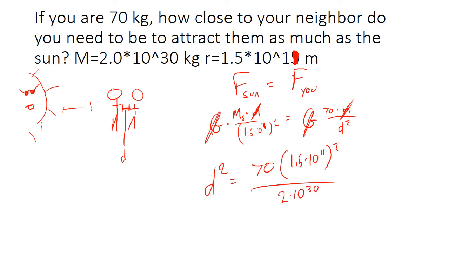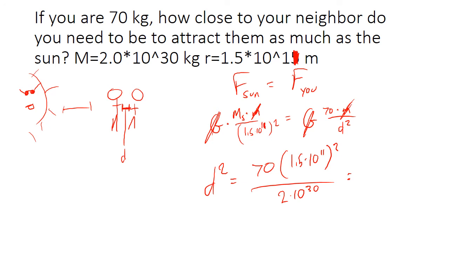I think that's all the numbers. Cool, so calculator time: 70 times 1.5 times 10 to the 11, squared, divided by 2 times 10 to the 30, enter, then the square root.